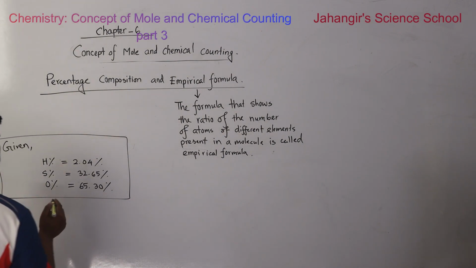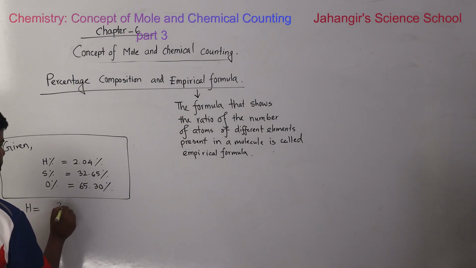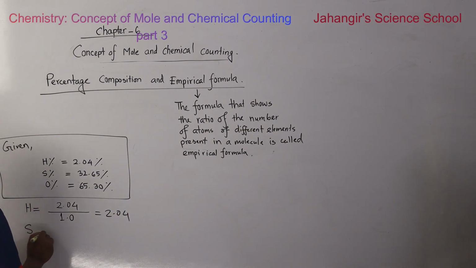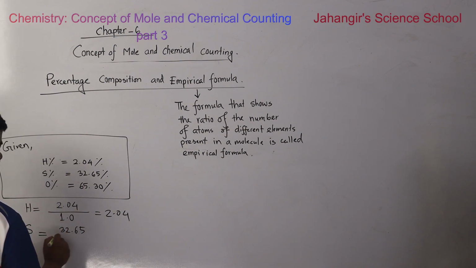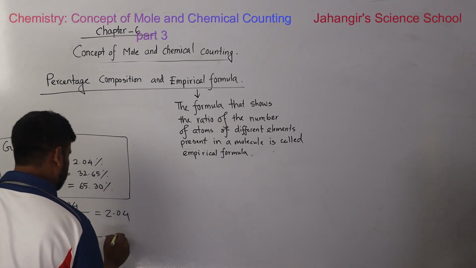First we have to divide this percentage composition by its atomic mass. 2.04 divided by 1 is 2.04. Sulfur is 32.65%, and the atomic mass is 32, so 1.